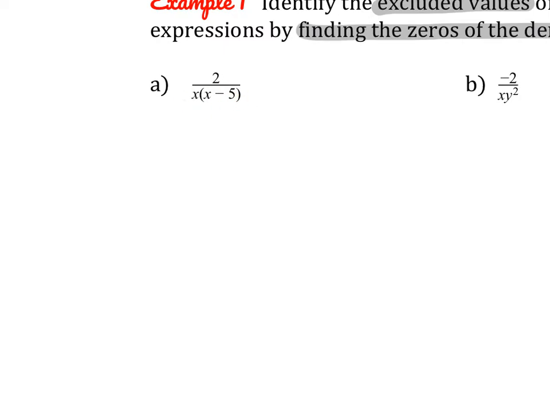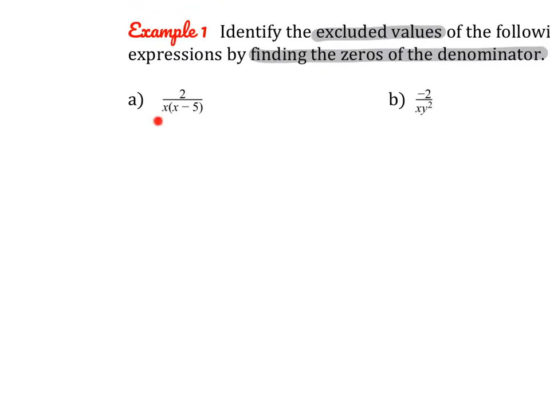Here our denominator is already factored for us. Again, we're looking for times when our denominator is 0, so values that x cannot be. I like to take each factor and do the zero product property, but instead of saying x equals 0, we would say x cannot equal 0 because it's an excluded value. And we'll say x minus 5 cannot equal 0.